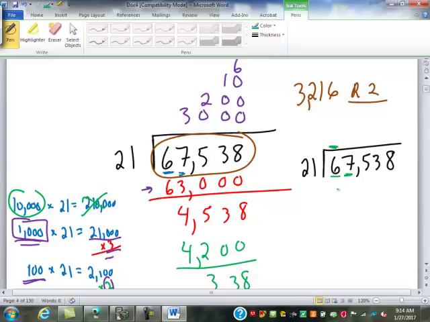Move to the next digit, the 7. Does 21 go into 67? Yeah, 3 times. The 7 is the last digit we used, so we put the 3 above the 7. 3 times 21 is 63. Subtract to get 4. If we look over here, it's the exact same thing, we just left off the zeros.